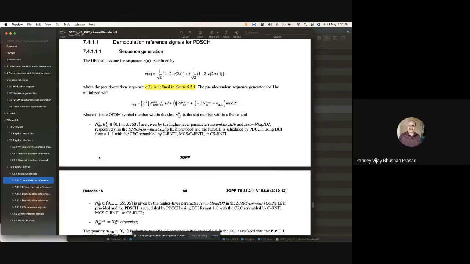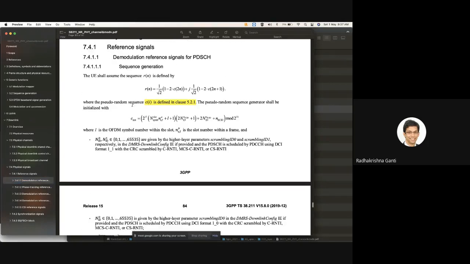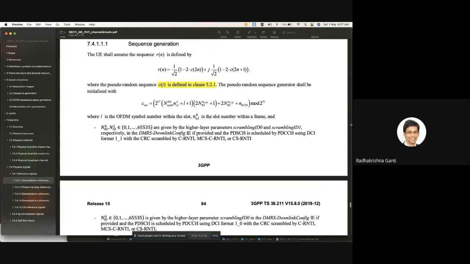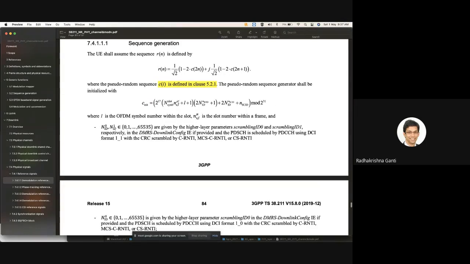Yes, sir. So if you look at this c_init value, this is interesting. What does this init value depend on? One is l, the OFDM symbol in which you are going to put this reference signal. n_s,f is the slot number, and then N_ID and n_SCID.